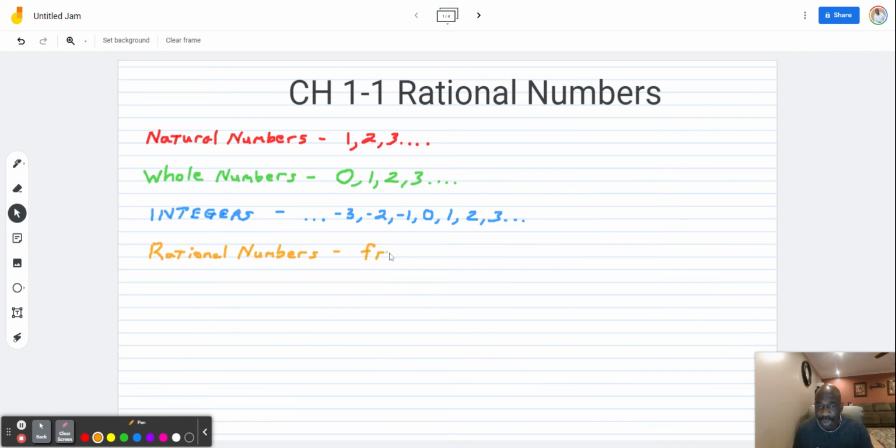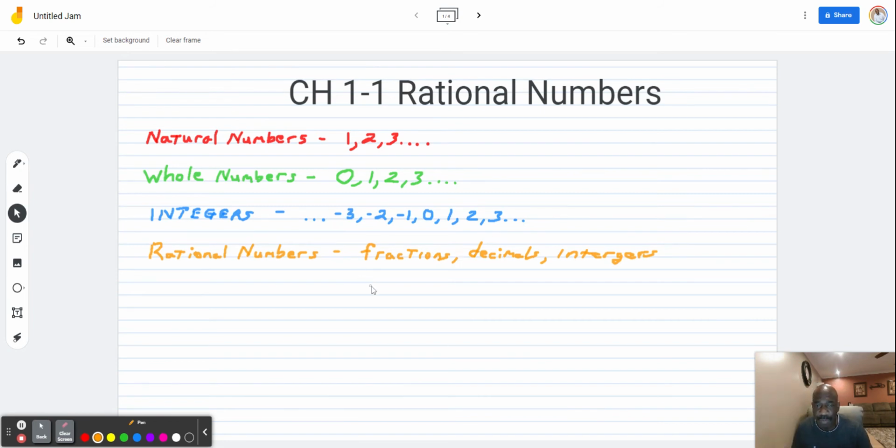I want to write down fractions. They include fractions. They include decimals. They include integers. So some examples of your rational numbers. They also include percents. Rational numbers is like everything.